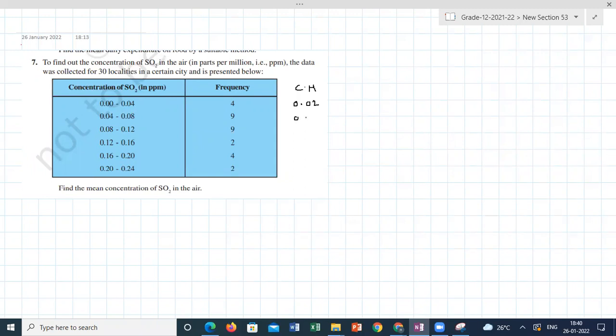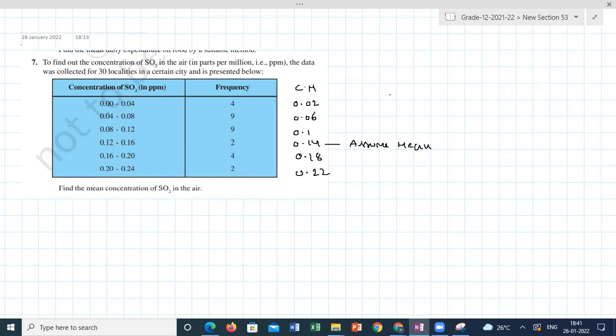So 0.06, 0.10, 0.14, 0.18, 0.22. So here for frequency 24, 0.12 is coming. So this is my assumed mean. You can take 0.1 also as assumed mean.